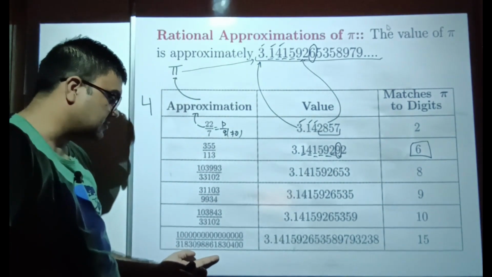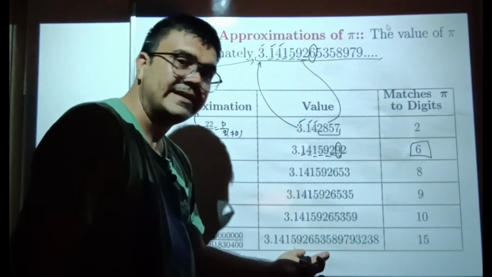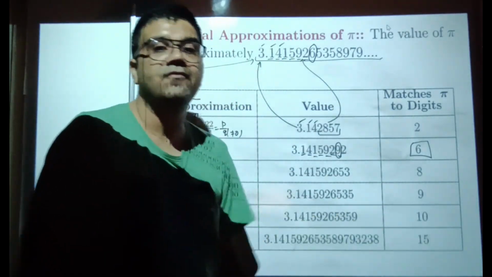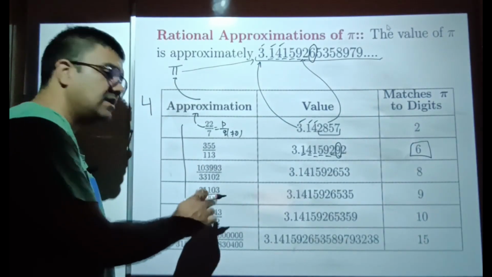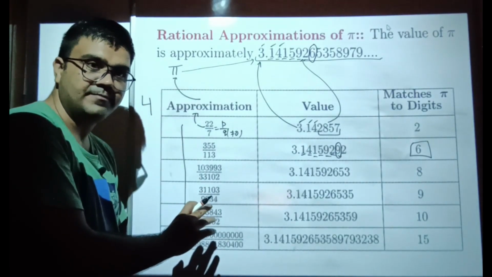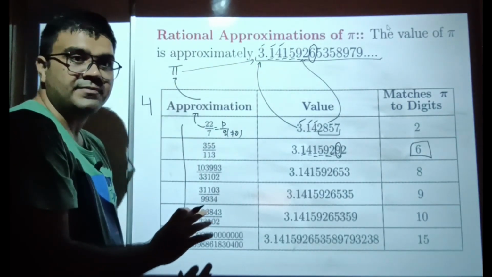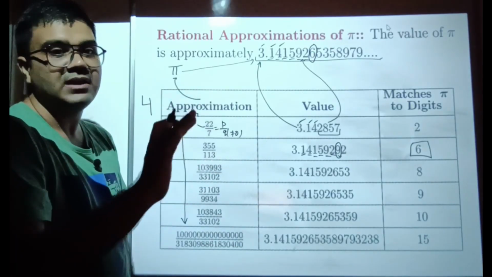Likewise, we have several values. If we calculate this value, this is the decimal representation, it will match with the value of pi up to 15 decimal places. So these are all rational approximations of pi, but pi itself is an irrational number, a non-terminating and non-repeating decimal number.